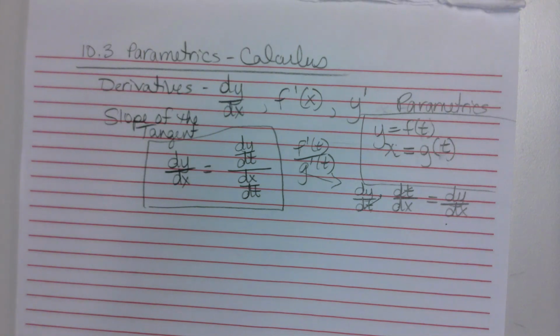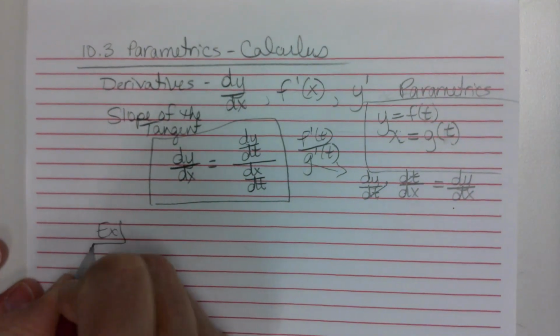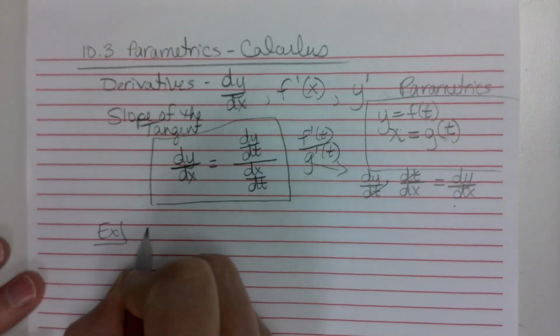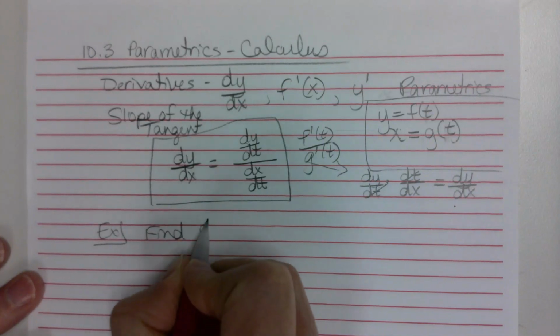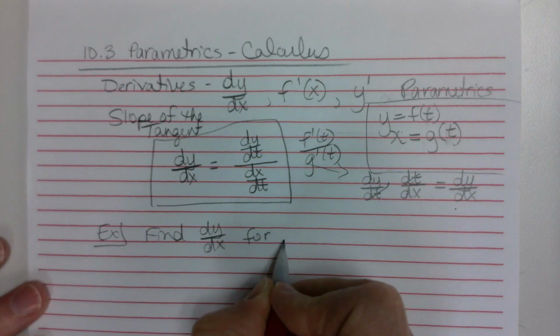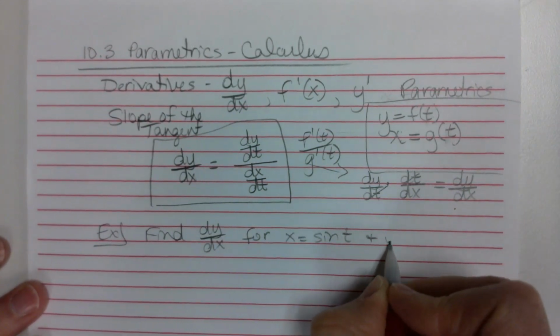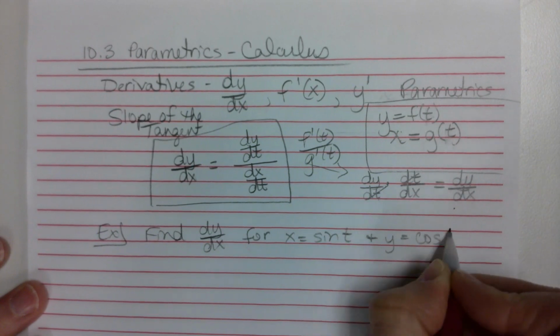It is absolutely my favorite formula. So, I mean, in the BC stuff, because it's really straightforward and easy, isn't it? So let's say they just say find dy dx for x equals sine t and y equals cosine t.